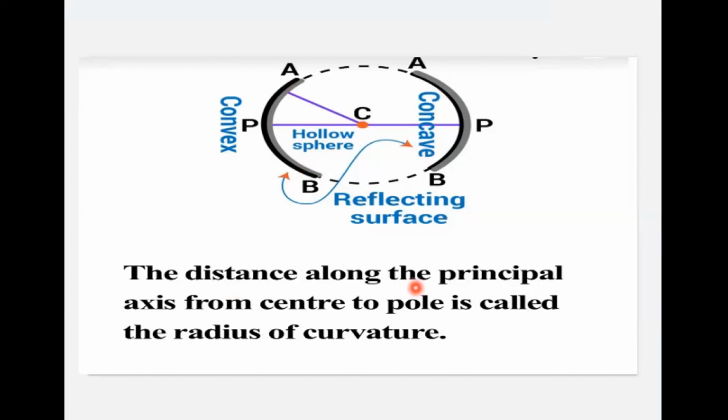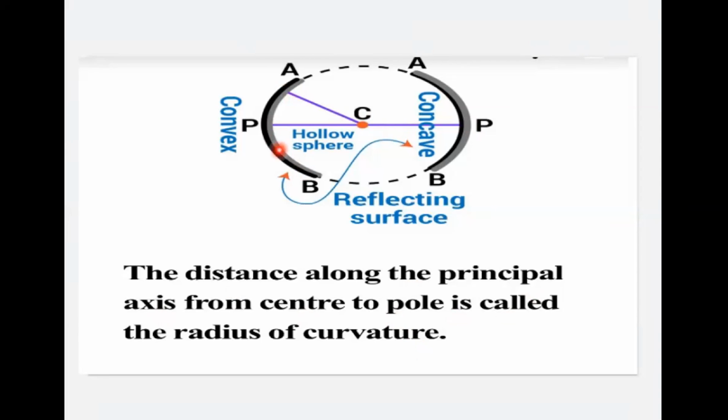The distance along the principal axis from the center to the pole is called the radius of curvature. Now, what is the radius of curvature? It is the distance from the center of curvature to the pole, or to any point on the mirror.